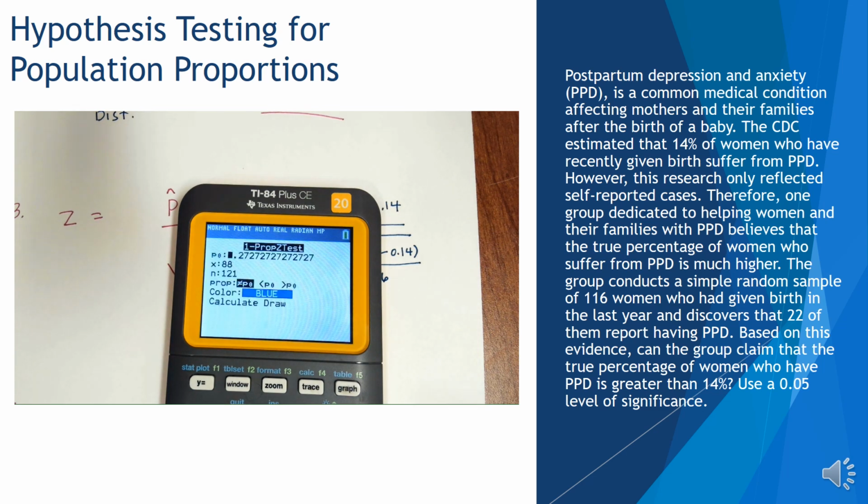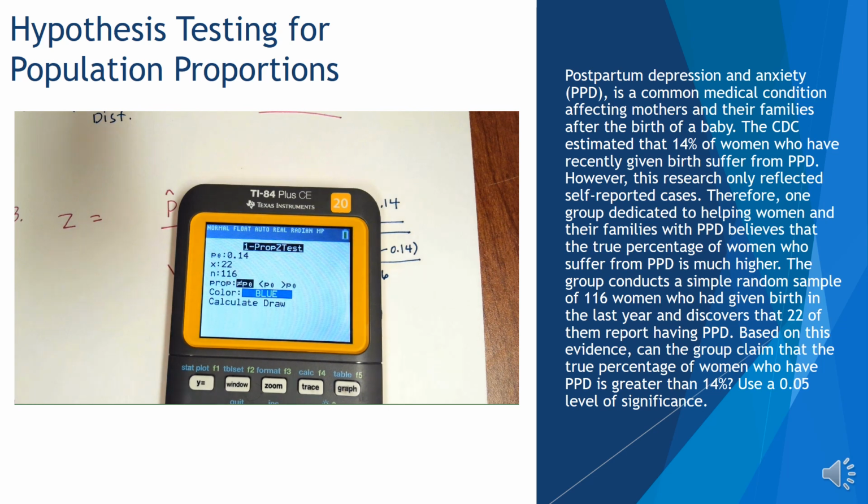Our population proportion was 0.14. This is how they're going to ask you for your sample proportion. X is going to be the number of successes, so X here is the number of people that had postpartum depression. That was 22. Our sample size was 116.